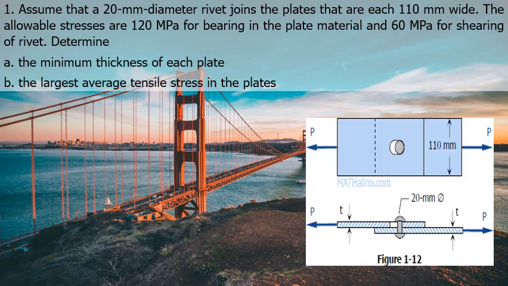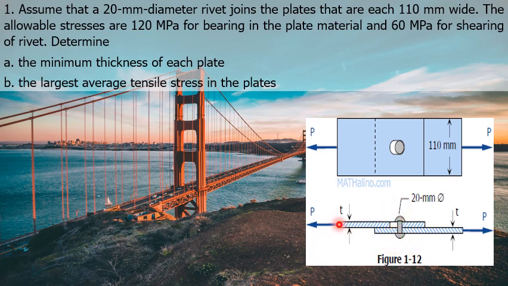On the right is the figure for the problem. We have two plates that are each 110 millimeters wide, being joined together by a 20 millimeter diameter rivet.